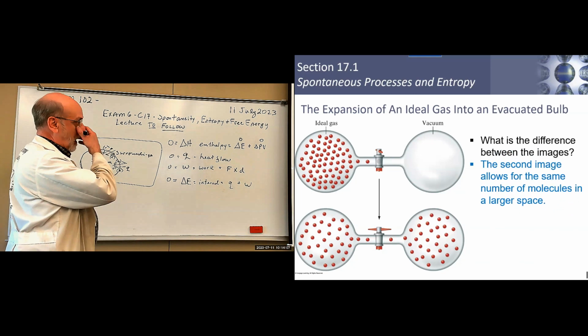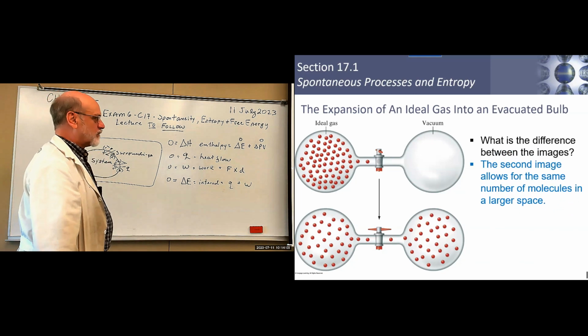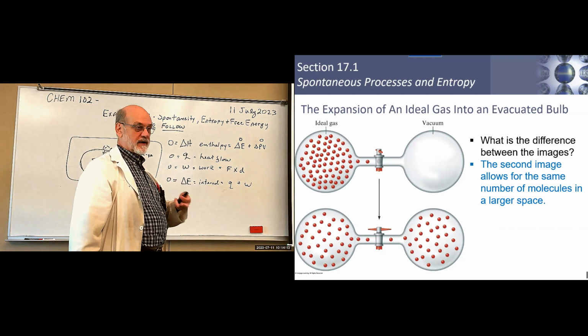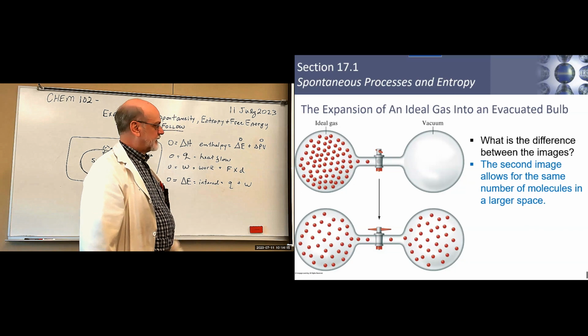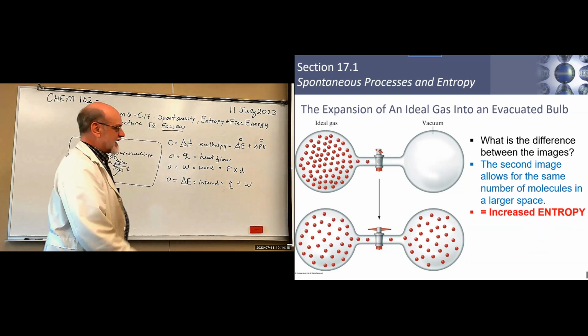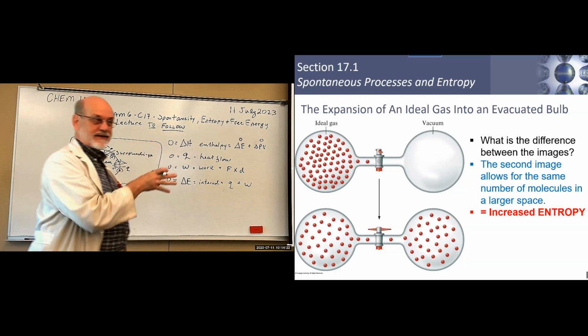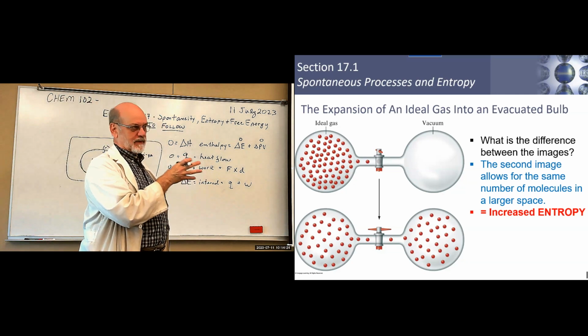The same number of molecules are now able to occupy a larger space. That's the main difference, and in so doing, they have increased their entropy.